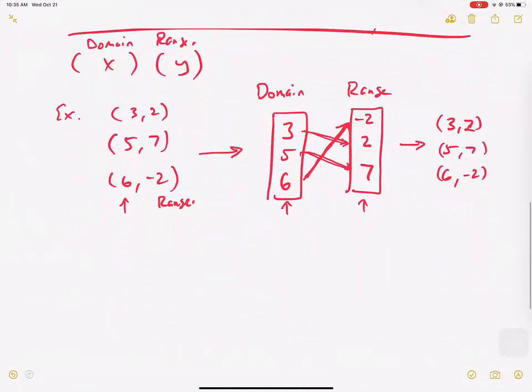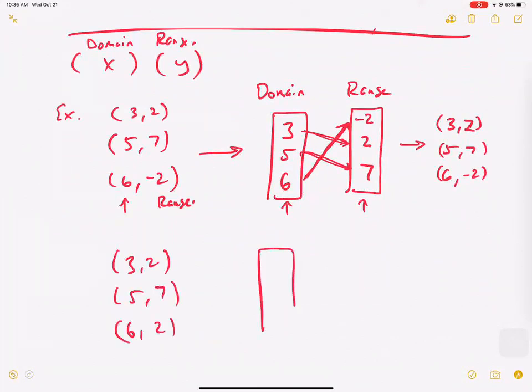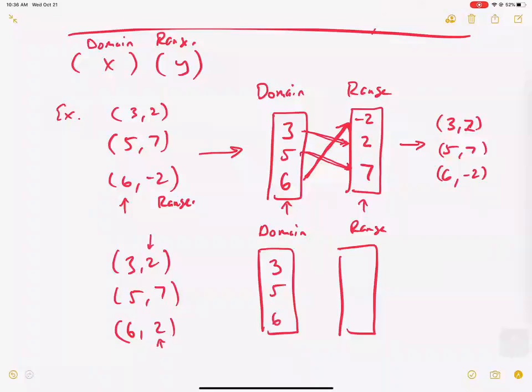Let's try another one. If I put (3, 2), (5, 7), and let's do (6, 2). You guys can hear that screaming in the background. It's my son. 3, 5, 6. And what are the possible y values?